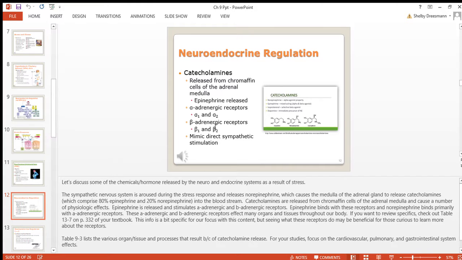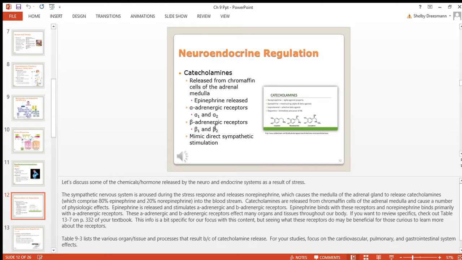The sympathetic system is aroused during stress and the adrenal medulla releases catecholamines, which is comprised of 80% epinephrine and 20% norepinephrine. More epinephrine than norepinephrine into the bloodstream.